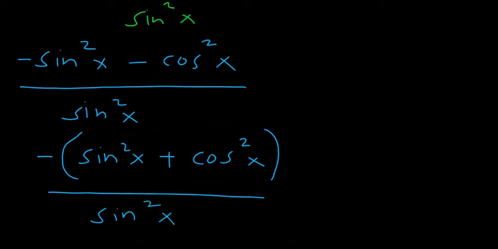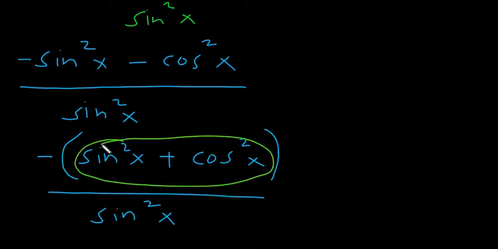What we need to know here is that sine squared x plus cos squared x is equal to 1. I will actually show you how to derive this, but for now I want us to know that sine squared x plus cos squared x is equal to 1. So we can write this as negative 1 over sine squared x.